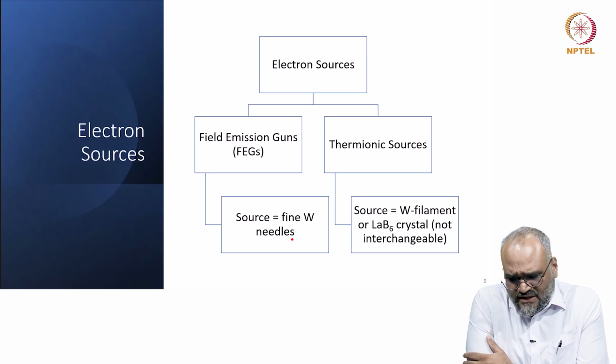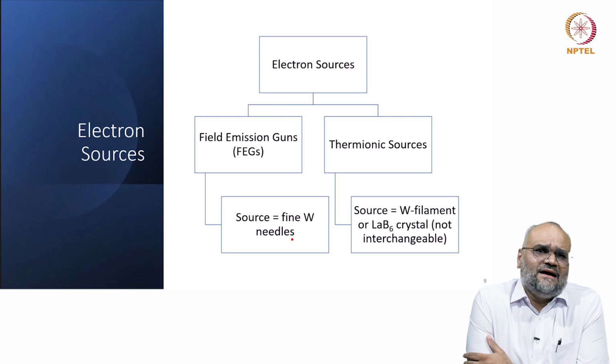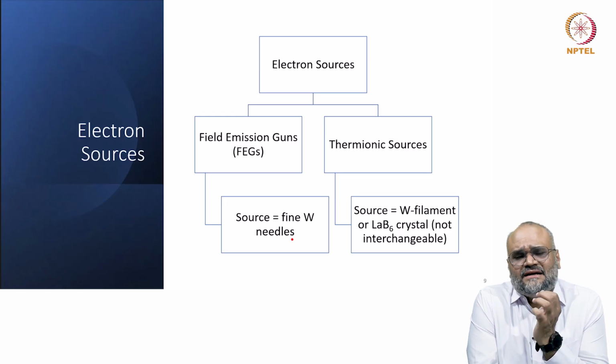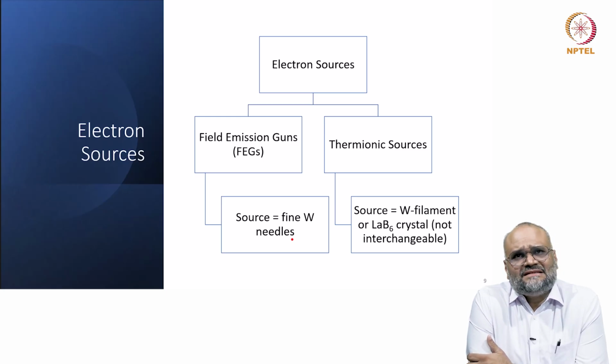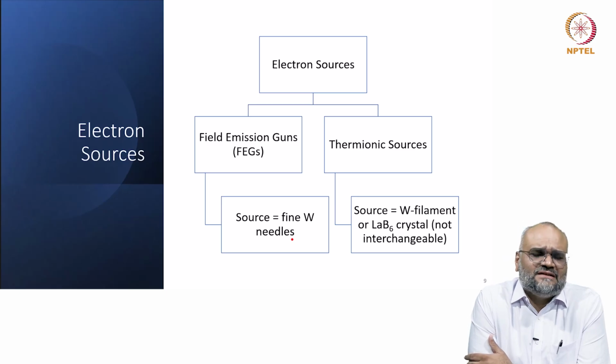And by lowering the work function barrier, you have emission, and the presence of the dual anode construction makes you converge the beam to a very sharp spot, and this becomes the source for the condenser lenses which are below the electron source. So with this, you actually have an extremely coherent source with a field emission gun.